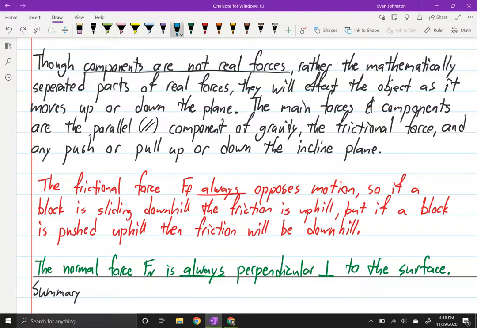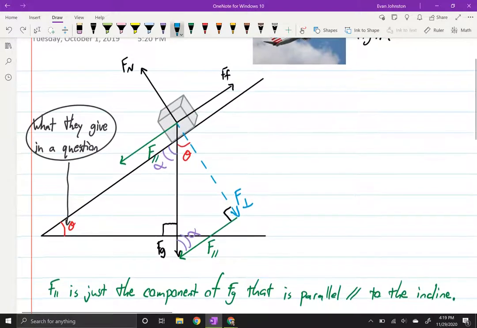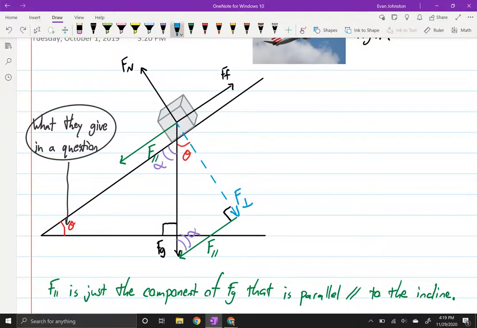But if I'm pushing a block uphill, then friction is going to be downhill, right? And the normal force is always perpendicular to the surface. It's not straight up in the positive y direction. It's always opposite the surface. So if this slant was steeper like this, my normal force would still go straight off it. So there's a 90 there, okay?